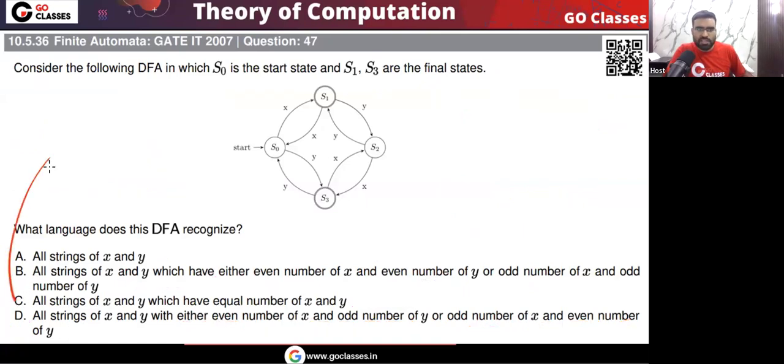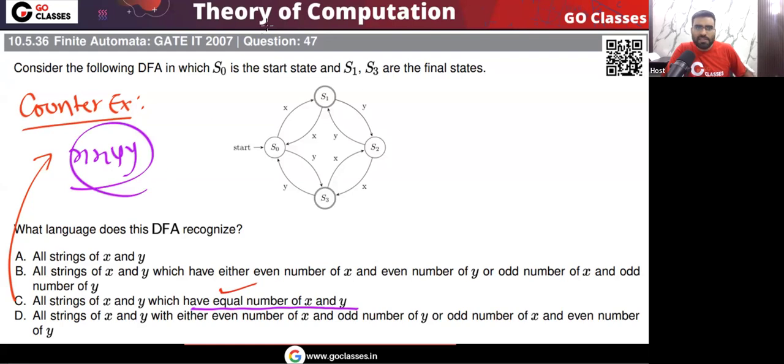A student is asking for option C, what is the counterexample? Option C is saying that every string which has equal X, equal Y is accepted. But this string is rejected. Do you agree?